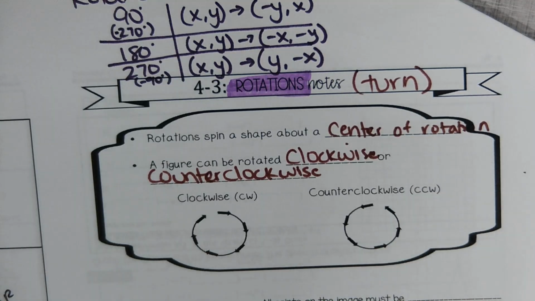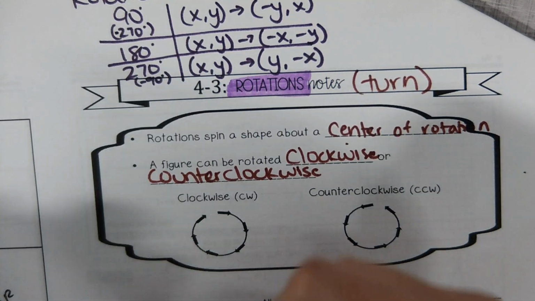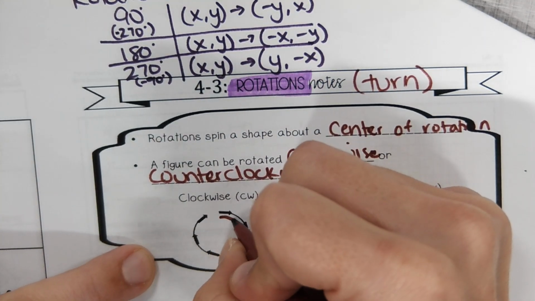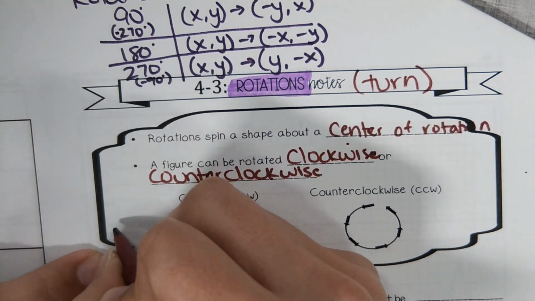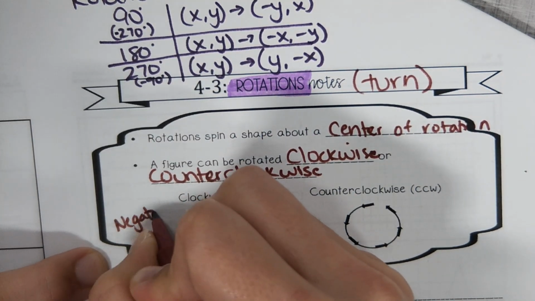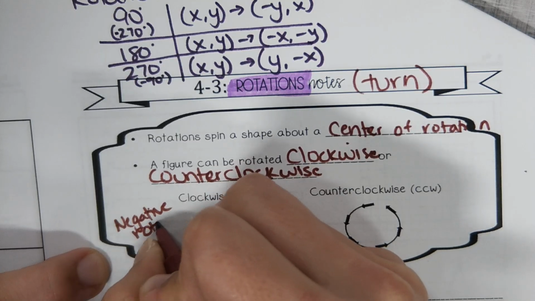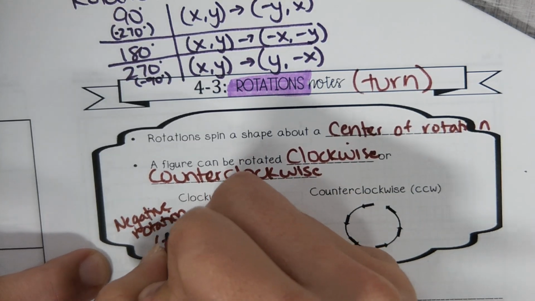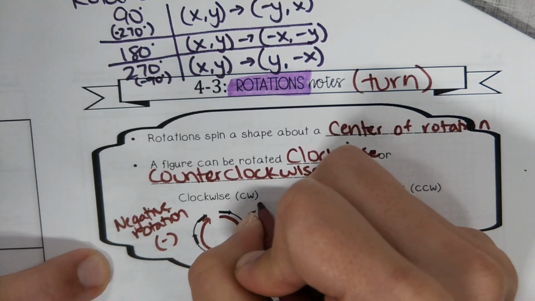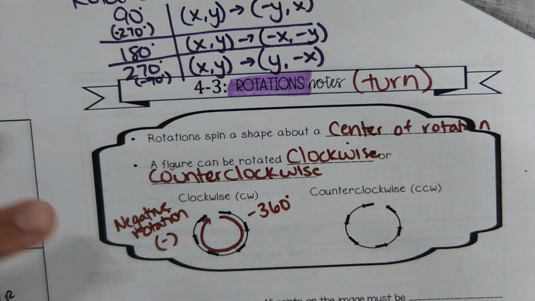And it shows it here. Clockwise would be the way a clock hand moves, so it'd be this way. Clockwise is a negative rotation, so make a note, it's a negative rotation if it's clockwise. All the way around would be negative 360 degrees.